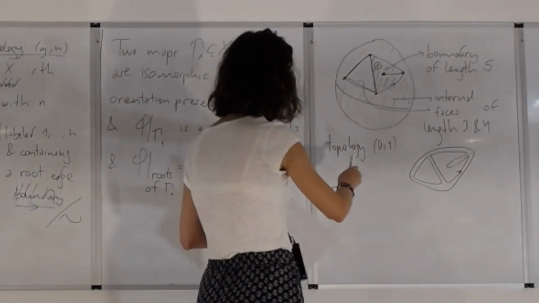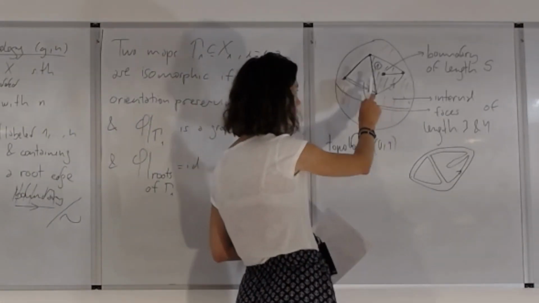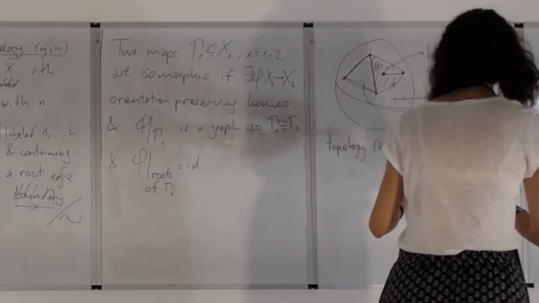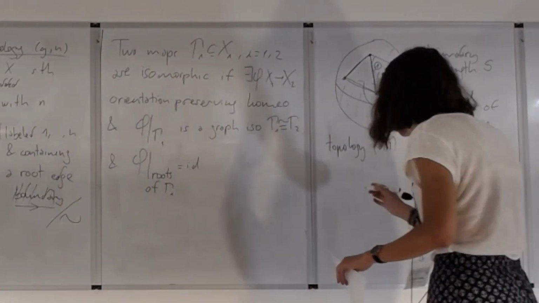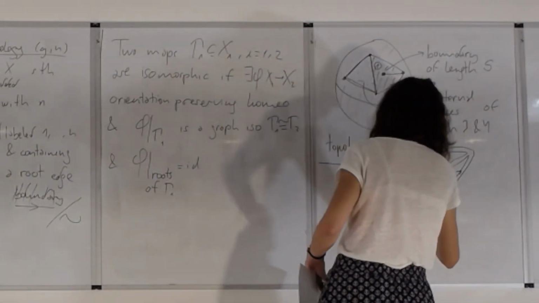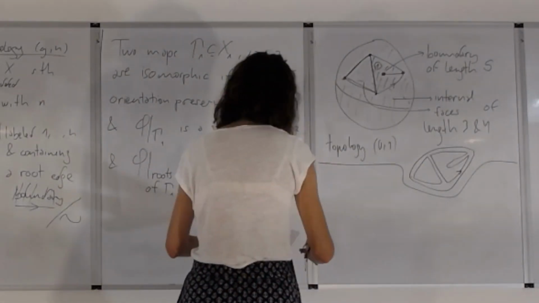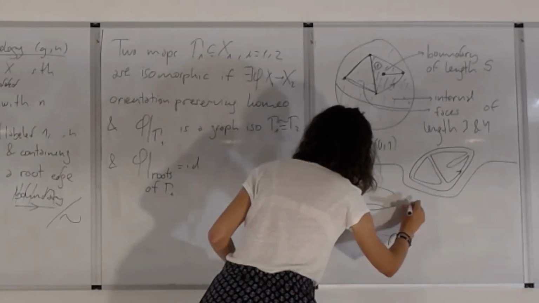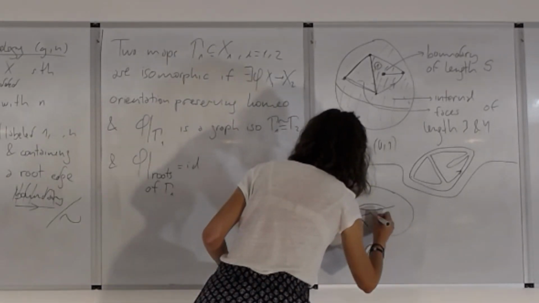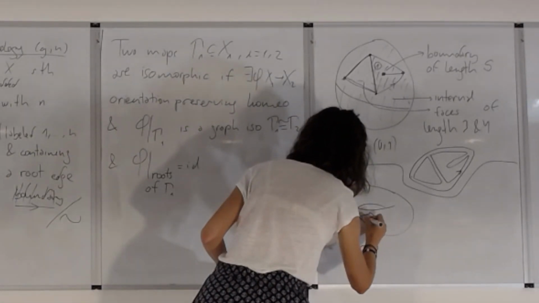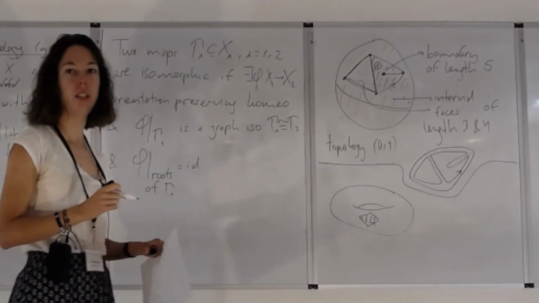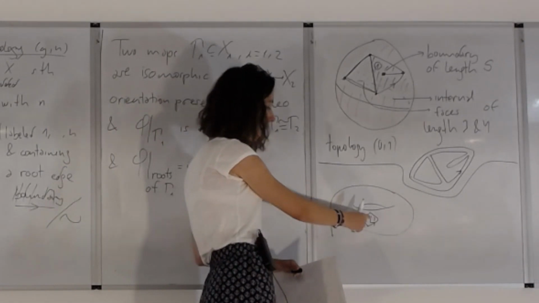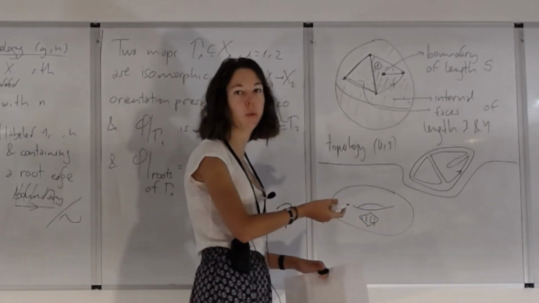And this guy is of topology 0, 1 because it's drawn on the sphere, and it has one marked face, which is the boundary. Now let's go to a higher topology. If we draw something like this, this is not okay, because the face that is outside the square is not of the topology of the disk.